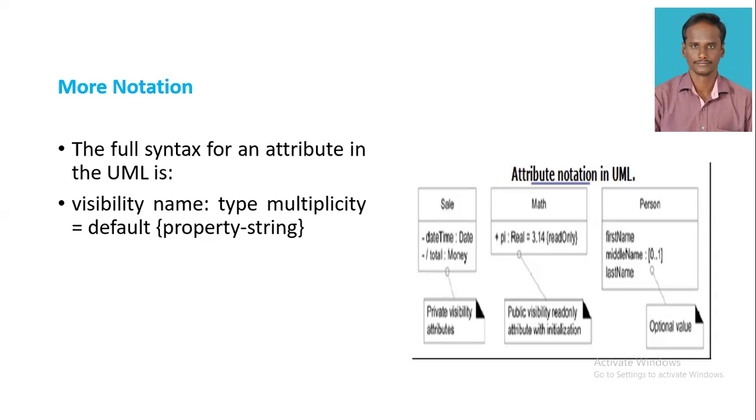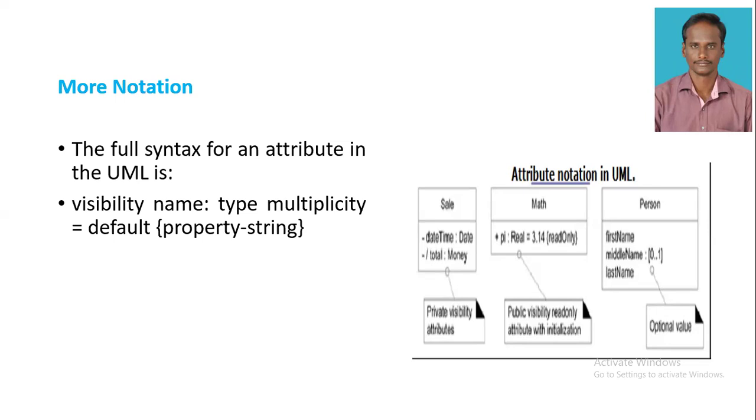Second, we have a class called Math. Here we have given a plus symbol for pi. Pi is the attribute name. The plus symbol means public visibility, the type is real, and the default value is 3.14. Within the brackets, the property is given, that is readOnly.